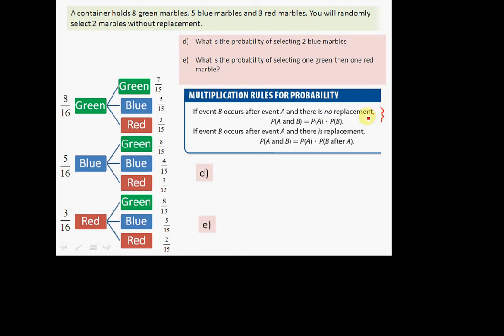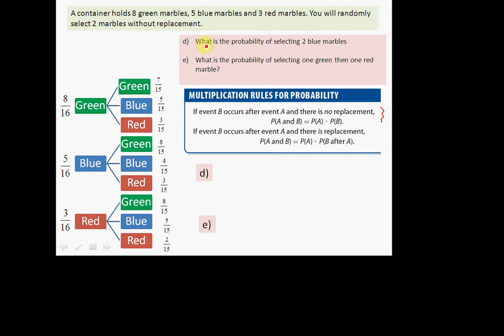Let's take a look at with replacement though. If event B occurs after event A and there is a replacement, then the probability of event A and B is equal to the probability of event A times the probability of event B after A. But we need to just focus on this one. And look, we've got all our values down here. So let's see what the question says.